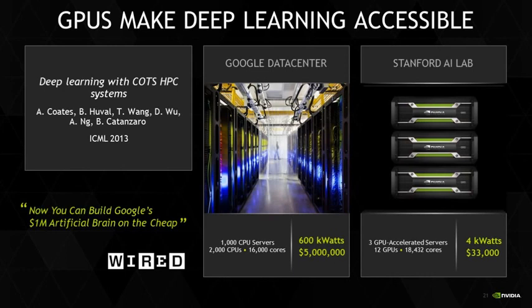So what is it about GPUs? Here is another example of the effectiveness of GPUs for training deep neural networks. In early 2013, Google published a quite famous paper, which spawned a Wired article, where they used 1,000 CPU servers, each with two 8-core CPUs, and trained a convolutional neural network with 1 billion parameters.